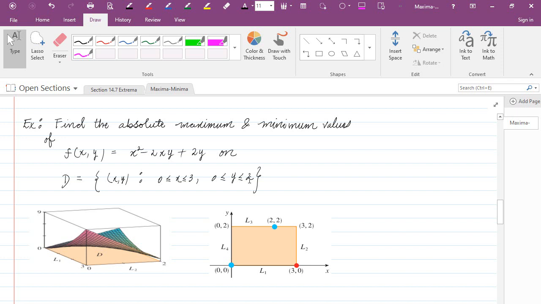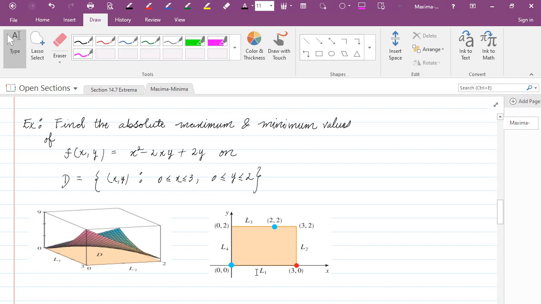Let's say that we want to find the absolute maximum and minimum values of f, which is x squared minus 2xy plus 2y, on the set D, where D is the set of all points xy such that x is between 0 and 3 and y is between 0 and 2. So what is that D?